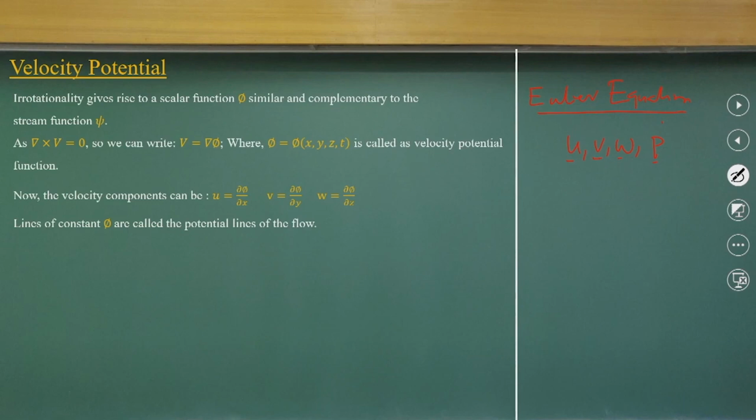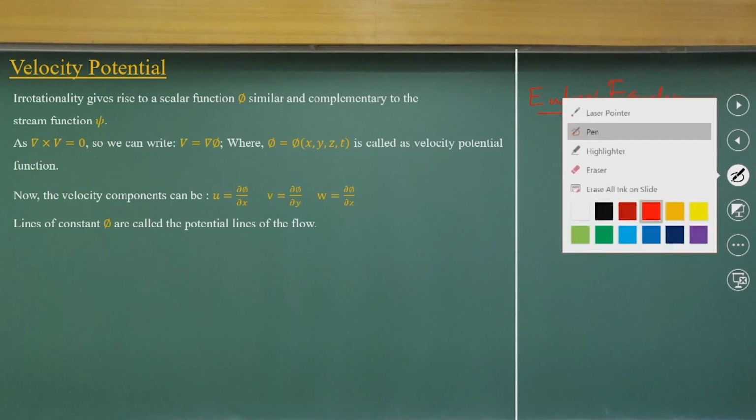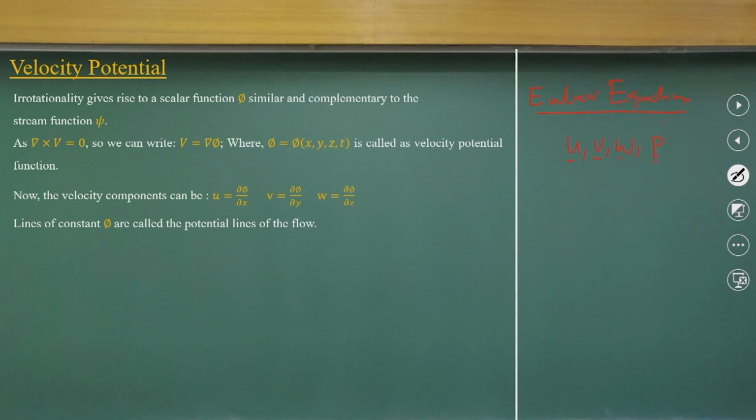The basic idea that comes is, can you write these equations with a single scalar value? Instead of looking at three scalar velocity components, why can we not write it with a simple scalar function? That is the velocity potential function, analogous to the electric field potential and the current.